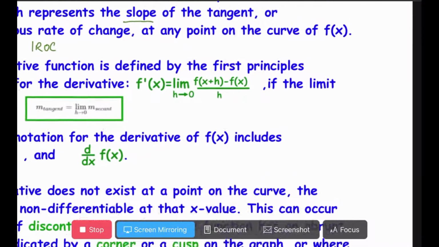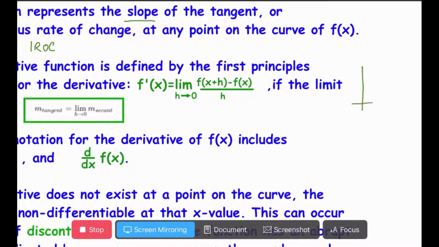And if we were to sketch a curve, the basic idea is that we are looking at our point f of x plus h and our point f of x, and this point is x, and this point is x plus h, and so the gap between them, the change in x values, is our h value.